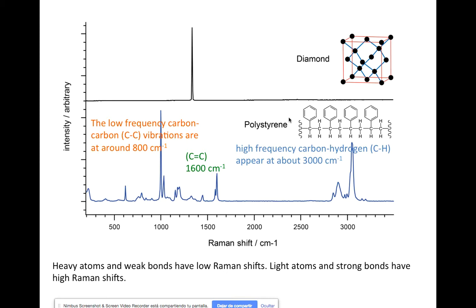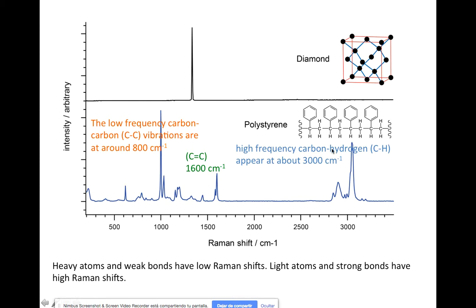For instance, you see here two spectra. One is diamond. Diamond gives you only a single signal, very well defined, and it's quite nice to have this kind of information. If you have instead polystyrene, you have different atoms and functional groups.